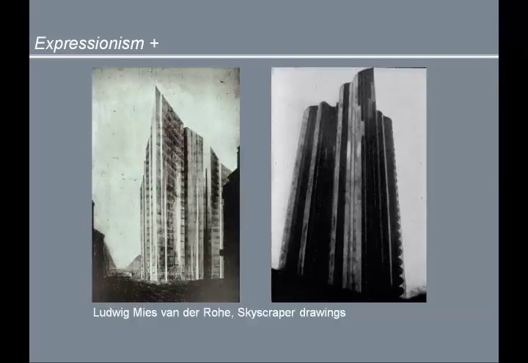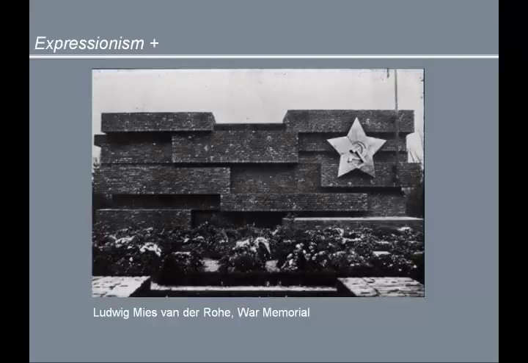And so here are those very expressionism-based skyscraper designs, all about the expressivity of structure, revealing the line, the light, the shadow. And then here with the monument, the abstract quality of the form is balanced by the symbolic use of materials.